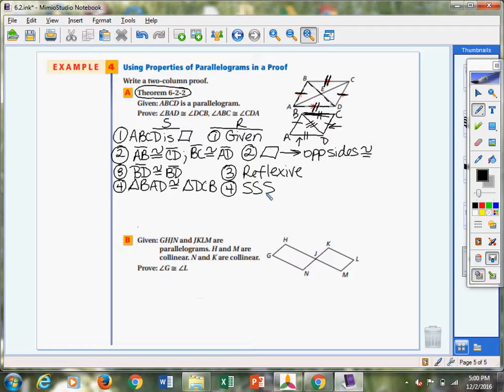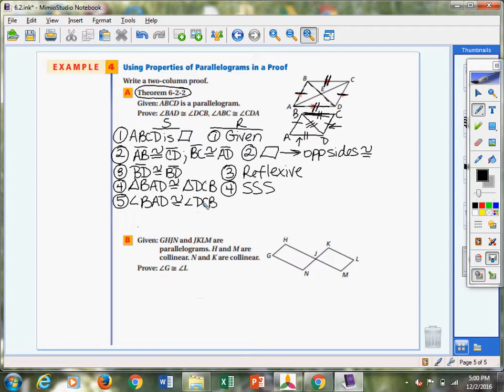Okay. Now remember using cupcake, because now we want to get it back to the angle part, because that's actually what we're trying to prove. We can say that angle BAD is congruent to angle DCB.